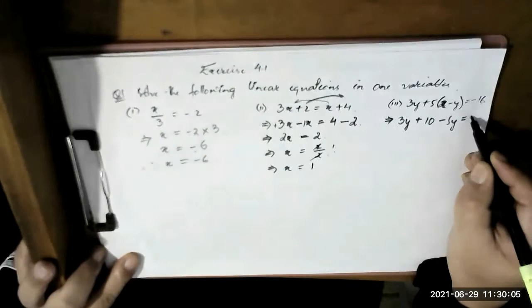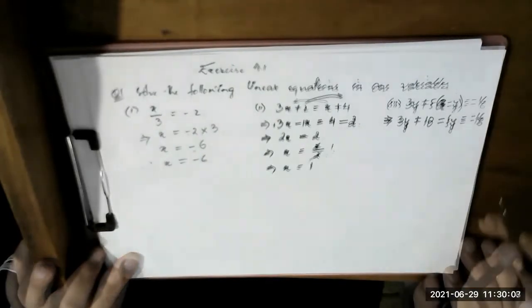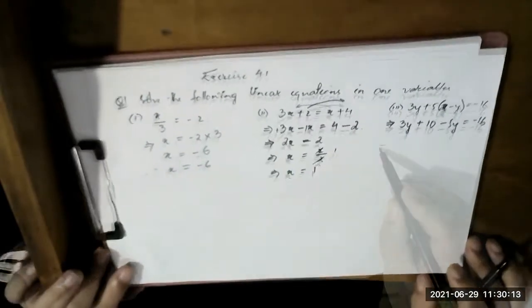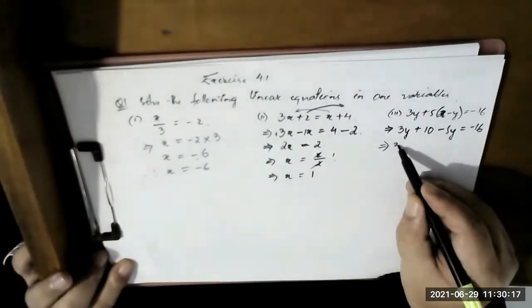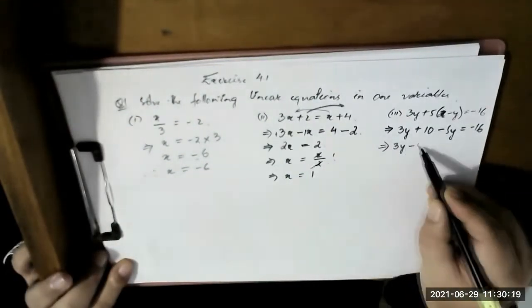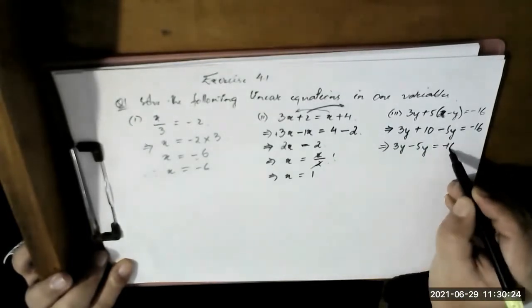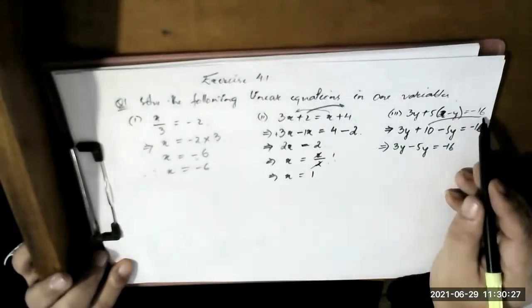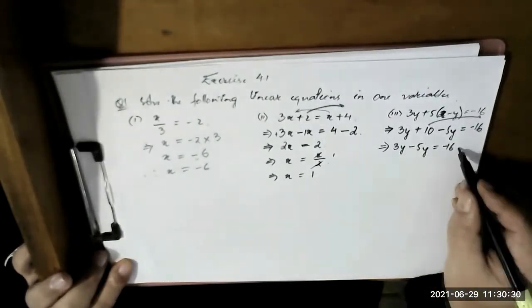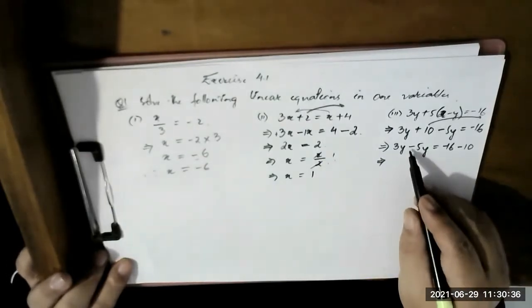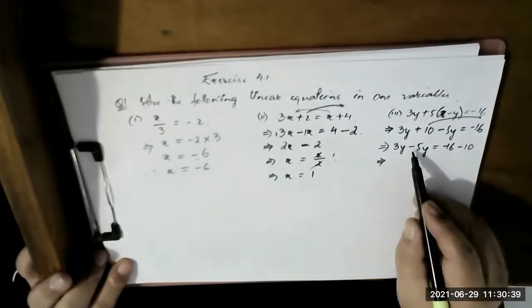It's equal to -16. In the same way, now we are going to rearrange it. That is, 3y - 5y = -16. And if we transfer this one to the right side, this becomes minus 10. And solving further, minus and plus is minus.